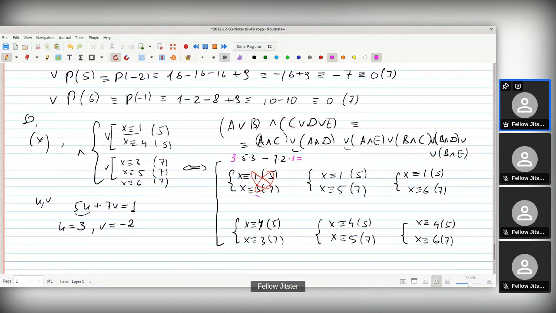What is it? Compute the result, please. 45 minus 14, which is 31. Does it work? Is 31 congruent to 1 modulo 5? Yes. Is it 3 modulo 7? 28 is divisible by 7. Yep.